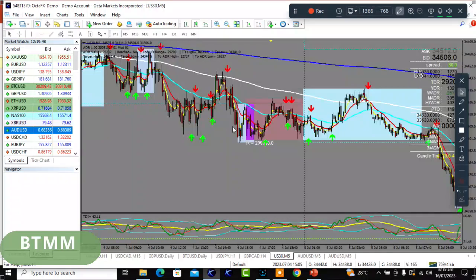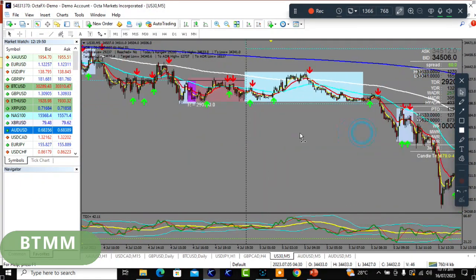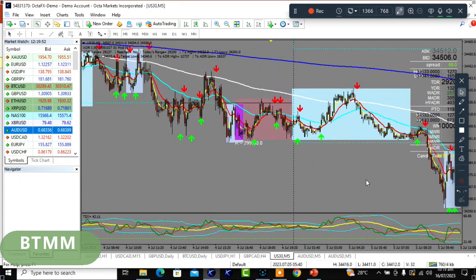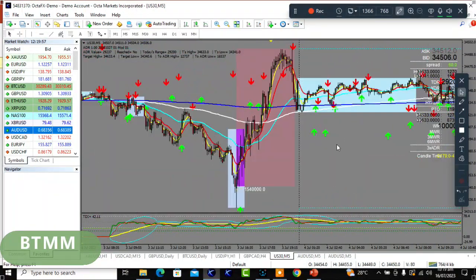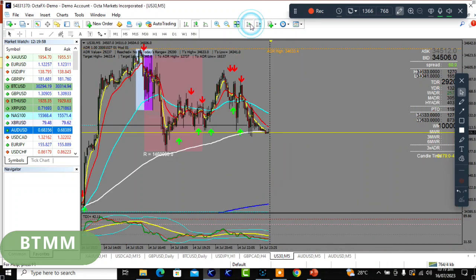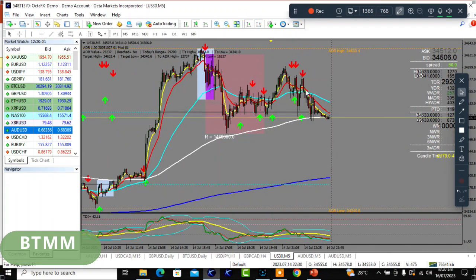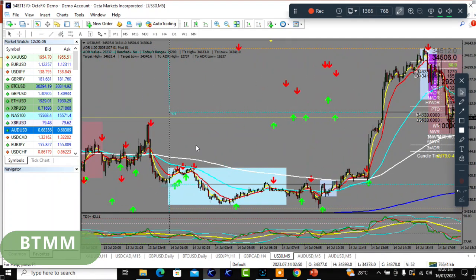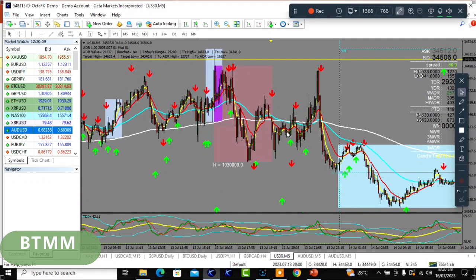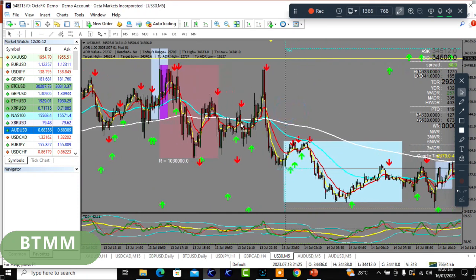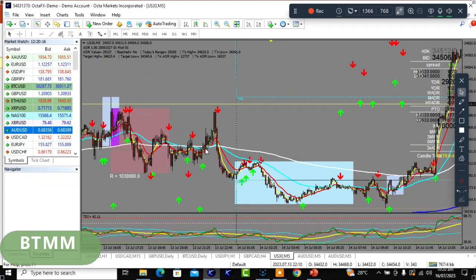So when you are in the 15 minutes time frame, it's always good you also have a very good understanding of the candlestick patterns, and then liquidity for liquidity traders, and then to compass it all, you have to know about BTMM trading.